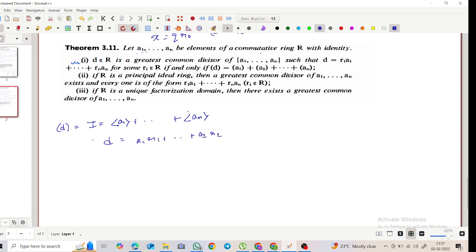So if x divides a_i for all i, this implies x divides the RHS, which implies x divides d.